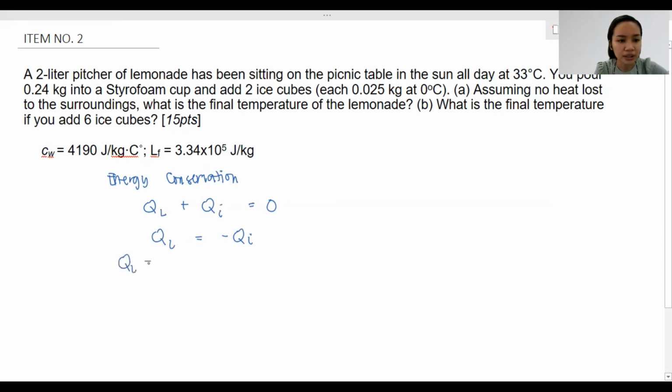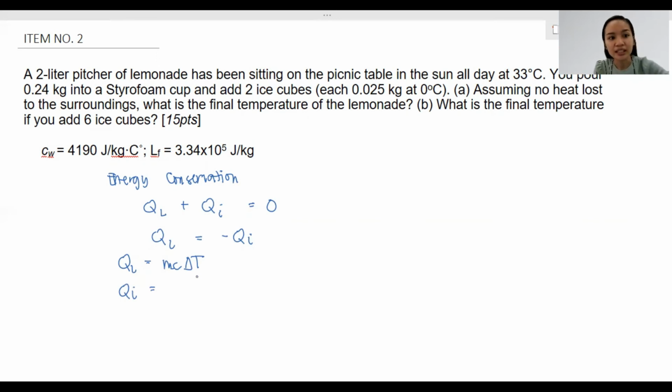So let's say our lemonade did not undergo change in phase. Okay? So yung lemonade natin from the very start is still lemonade. At the end of the day, it's still lemonade. Hindi siya naging solid. It's still liquid, so MC delta T lang yung gagamitin. While our ice, yung ice natin, nag-undergo siya ng phase change since from 0 degrees Celsius.